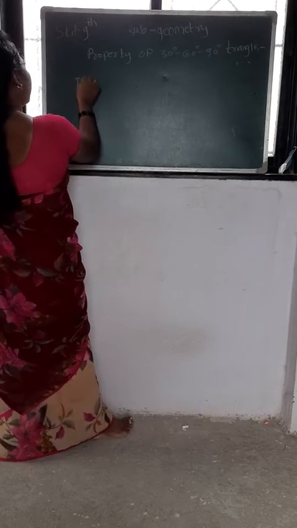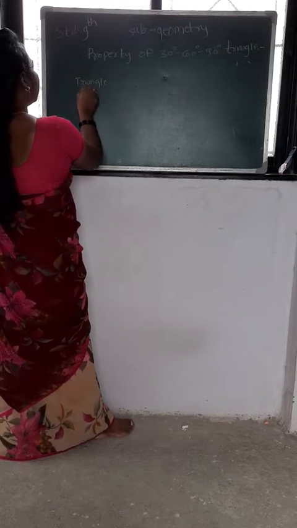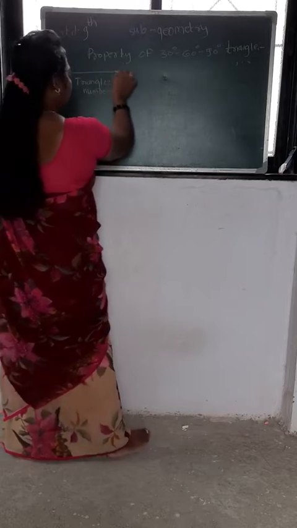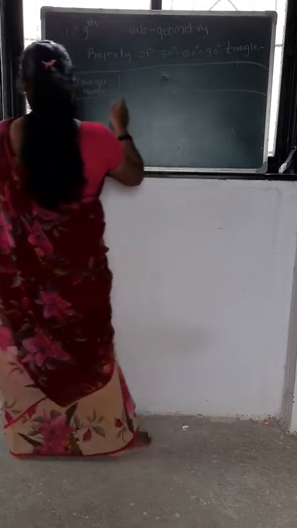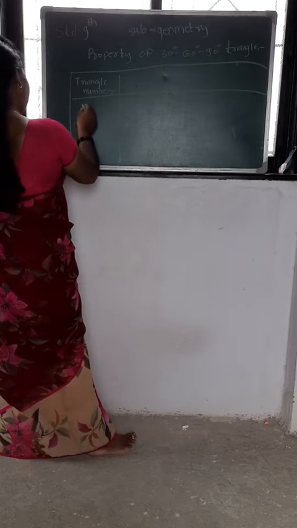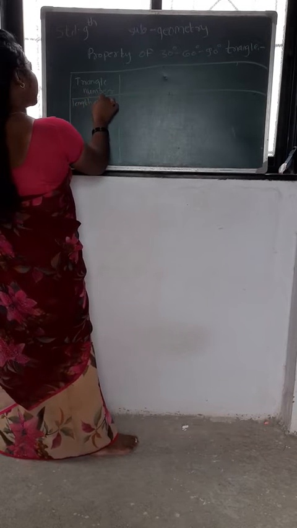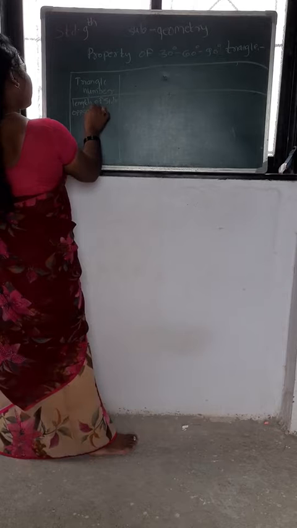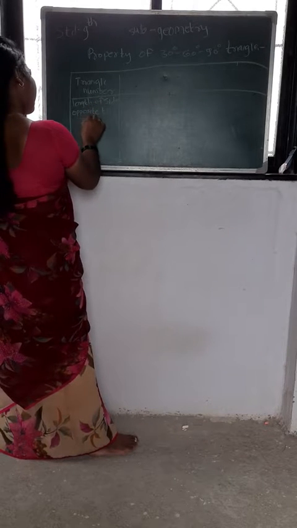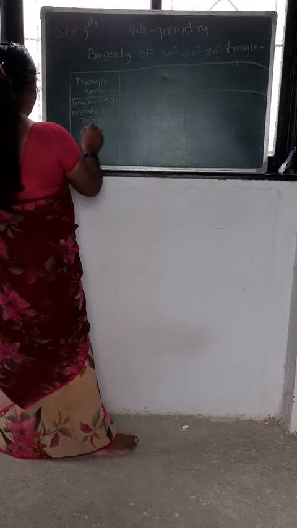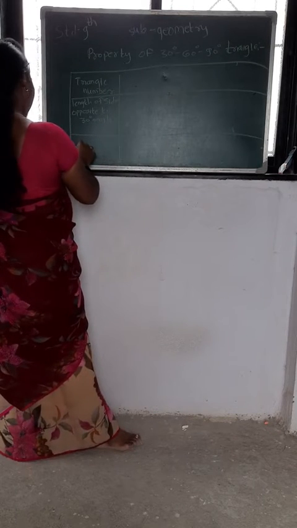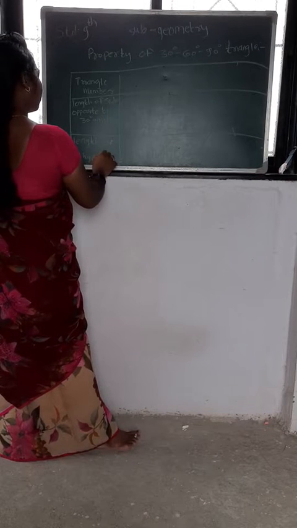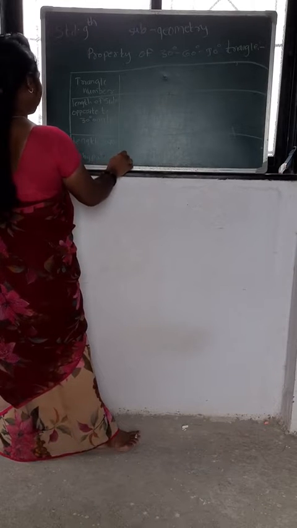We have drawn one table. First is triangle number, second row is length of the side opposite to the 30° angle, and the last row is length of the hypotenuse.